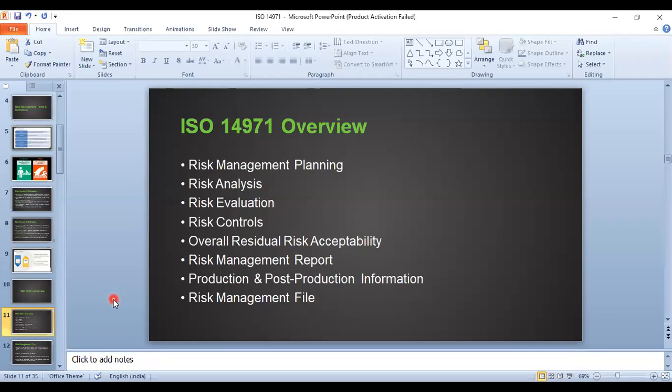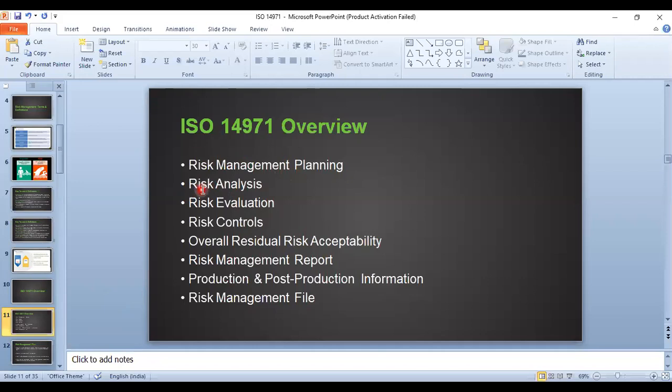These are the major headings of ISO 14971. What is a risk management plan? That is one major document that describes every control measure that has to be taken during manufacturing, post-production, and during usage of the device.